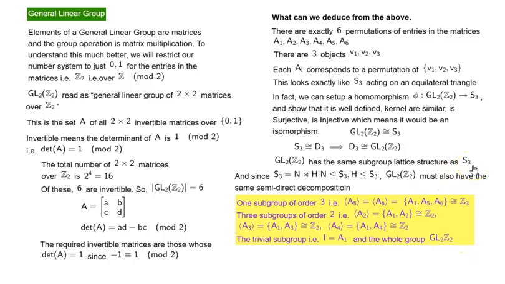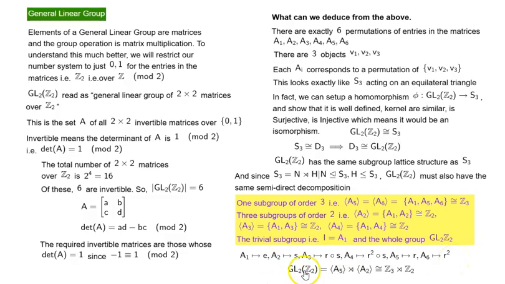So think about this. If we look at S3, you remember, we have the normal subgroup E, R, R square, right? And we have a subgroup which we saw, E, S. So A1 in S3 maps to E, A2 maps to S, A3 maps to R times S, A4 maps to R square times S, A5 maps to R, A6 maps to R square.